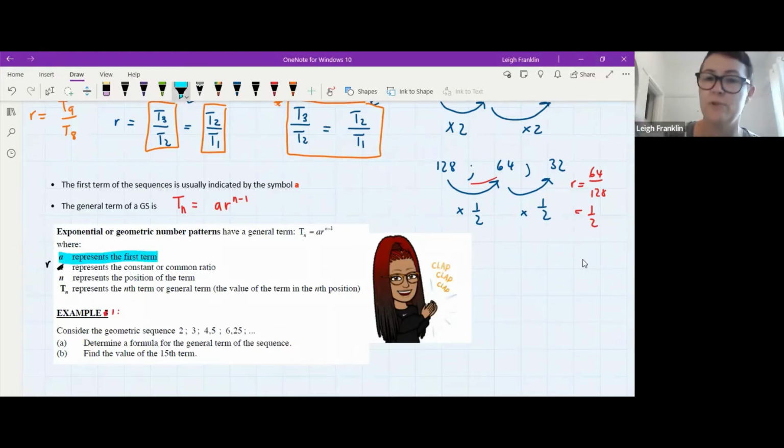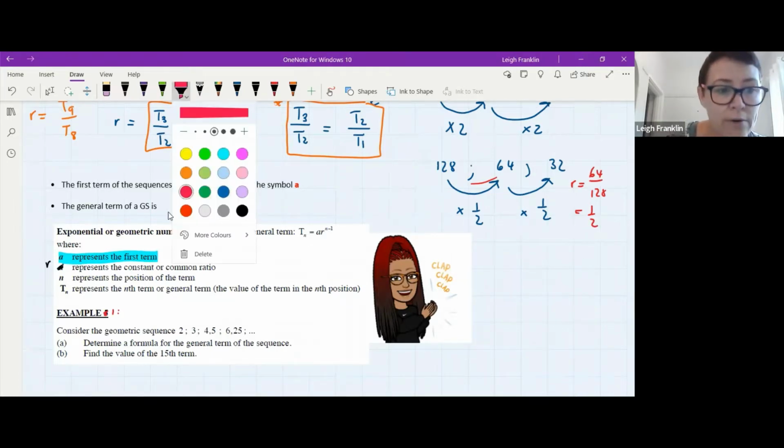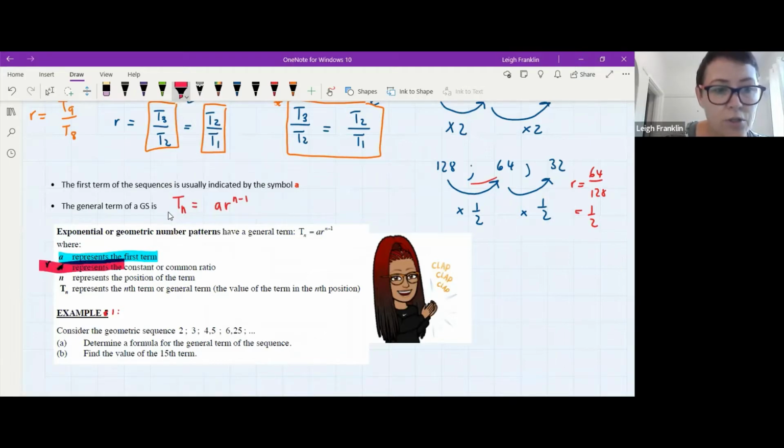So A is always the first term, irrespective of whether it's arithmetic or geometric. Then we have R to represent the constant, or common ratio. N is always the position of the term or the number of terms, and Tn is the value of the term in the nth position.